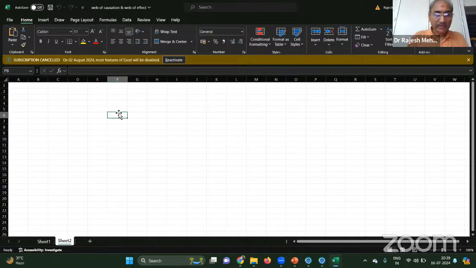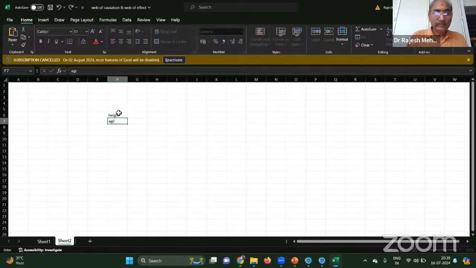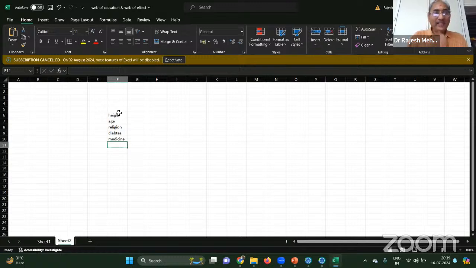Let me list the variables: height, then age, then religion, then the presence of diabetes, then medicine taking or not taking, then fever history in the last 1 month, and then type of diet.